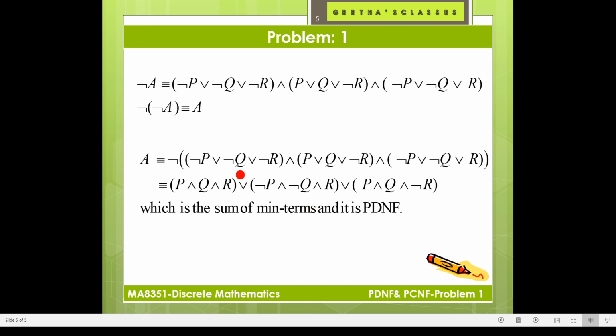What does min term mean? In between the propositional variables you are having AND symbol, right? In between these two brackets you are having OR symbol, right? So that is nothing but sum of min terms, and this is PDNF.